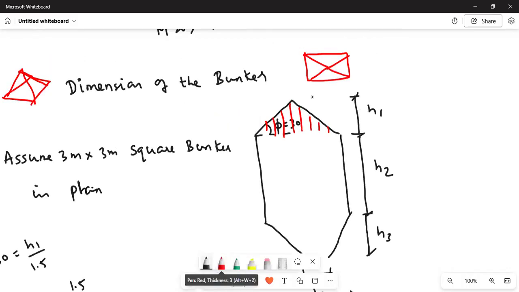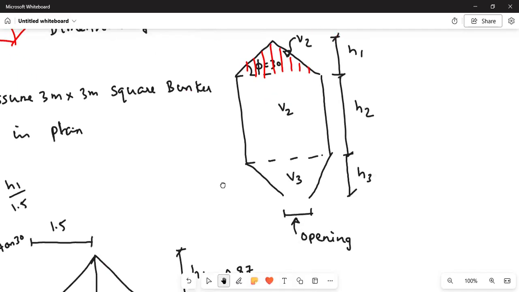The volume of surcharge is denoted by V1. Whatever this portion is there, the volume is denoted by V2, and the volume of the hopper bottom is denoted by V3.